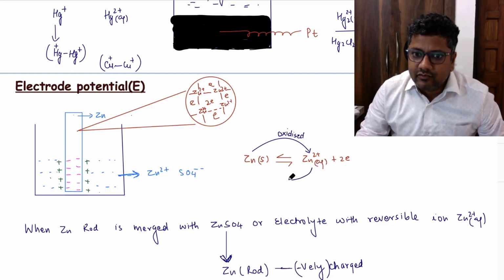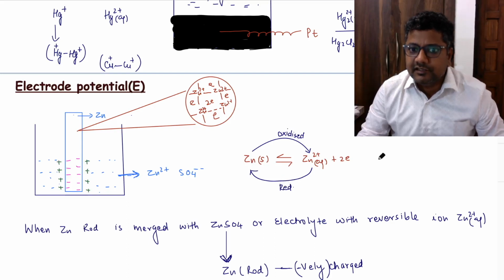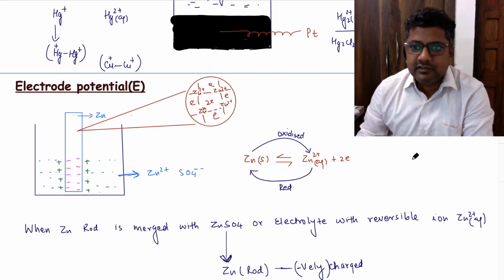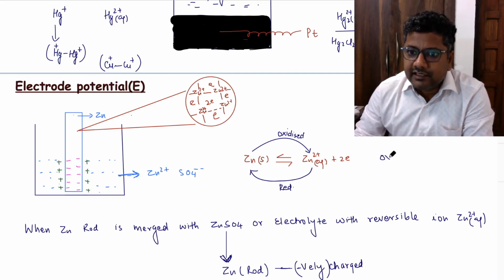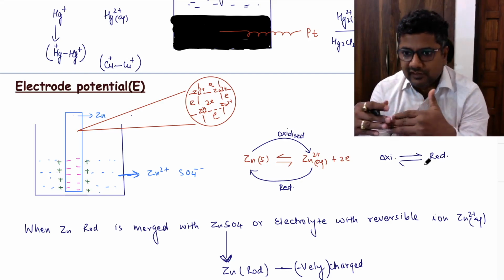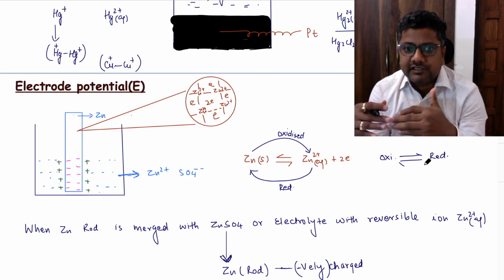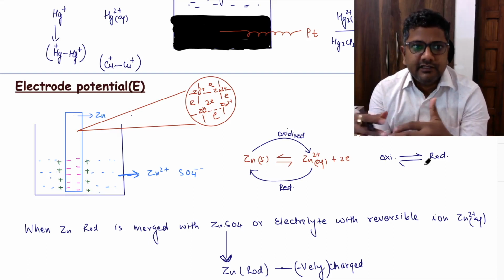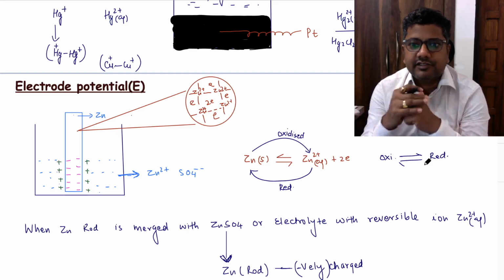And this Zn2+ to zinc, this is reduced. Reduction. So we can say that oxidation and reduction processes are set up in this system.